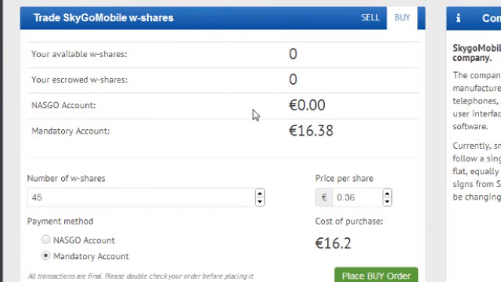If I was to sell stock and then transfer it to SkyGo, I could sell it in NASDAQ, have the funds in the NASDAQ account column, and then I could purchase it in NASDAQ stock if I sold something else, or if I had money already transferred to NASDAQ. But my income or funding is now in the mandatory account. So I'm using mandatory to buy it, and we're going to buy 16.2 euros worth of stock.